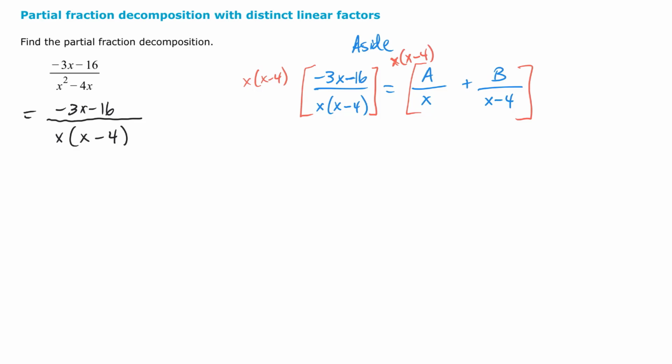So what's on the left side now? We simply get negative 3x minus 16. And on the right side we get, let's say, an a. And then we have an x minus 4 left. And then we also have a b. And what do we have left? We just have an x.